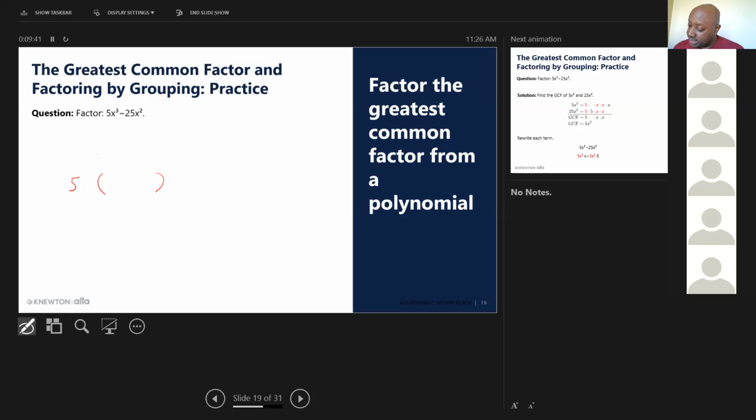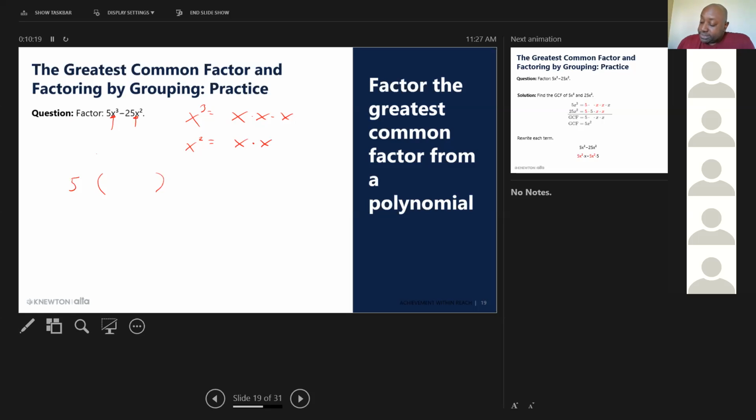Next, I look at x to the third and then x squared. It's another way to explain this. Let me try this way. x to the third is the same as x times x times x. x squared is the same as x times x.